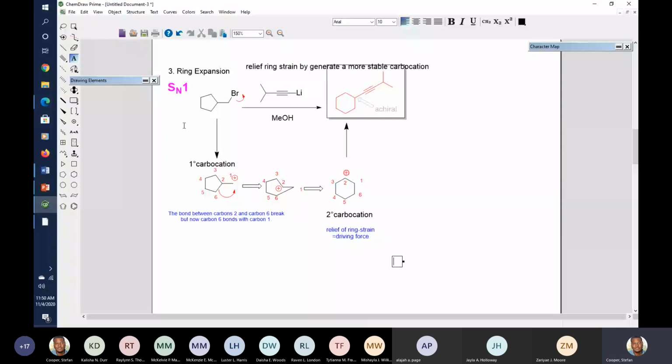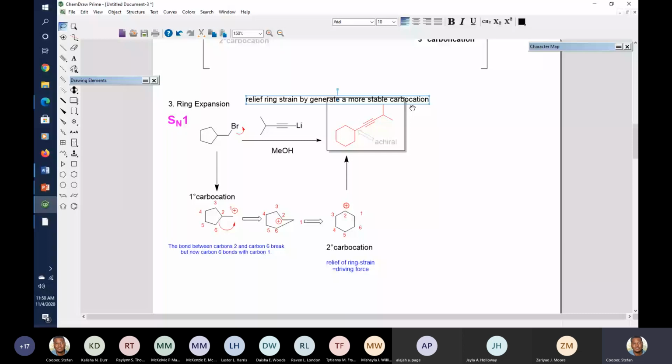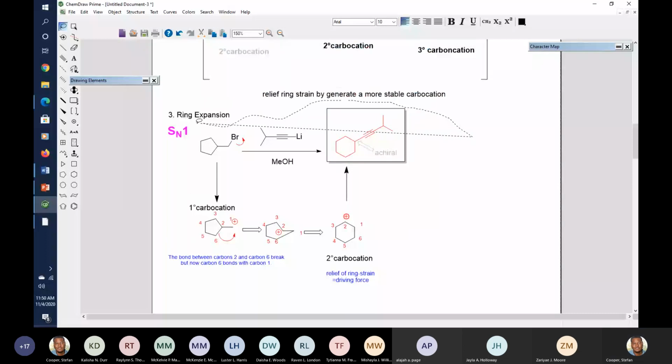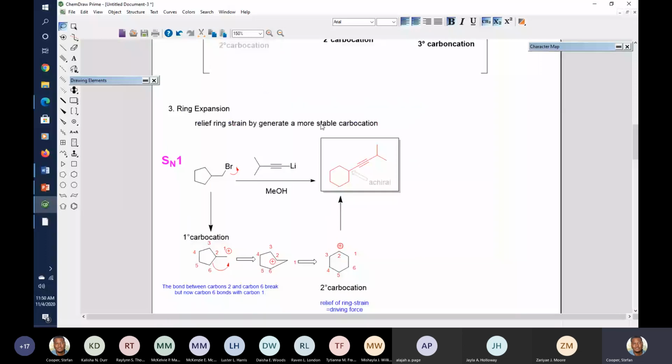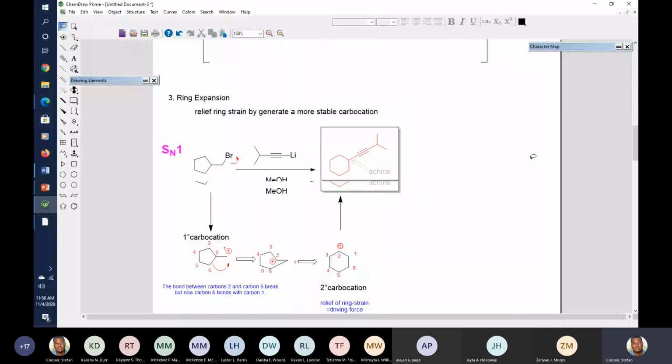I got one more to go, but I'm almost there. I think we're going to make it here. Bring it down a little bit here. All right, so ring expansion is going to relieve ring strain by generating a more stable carbon cation.